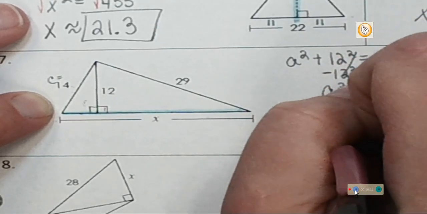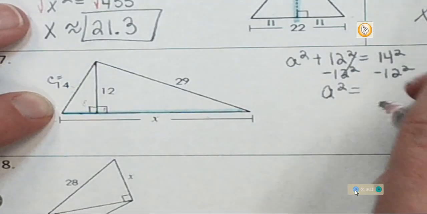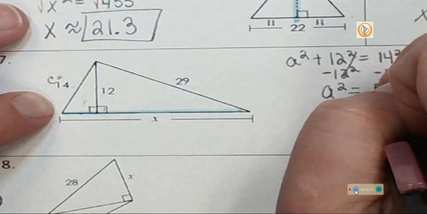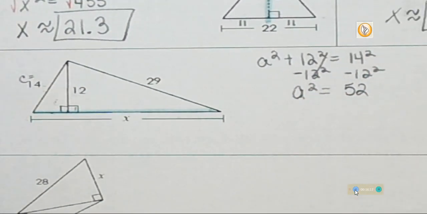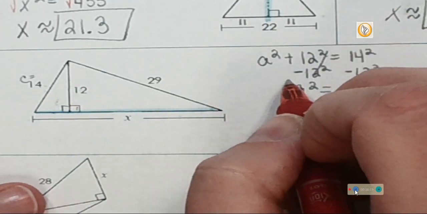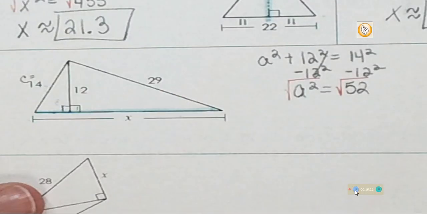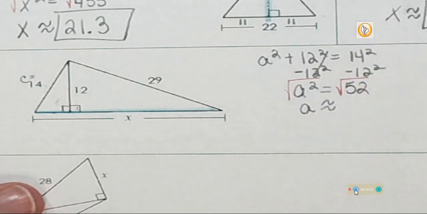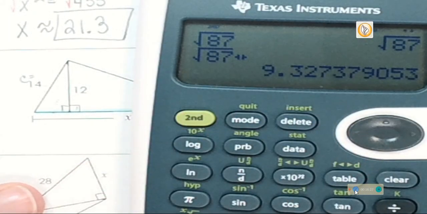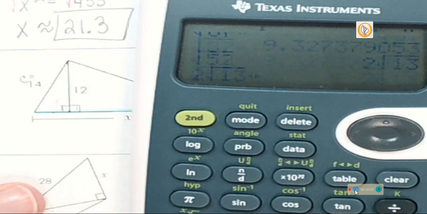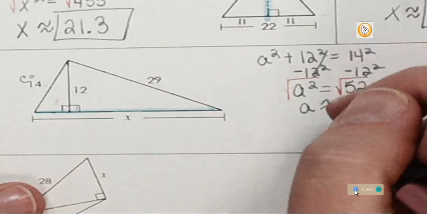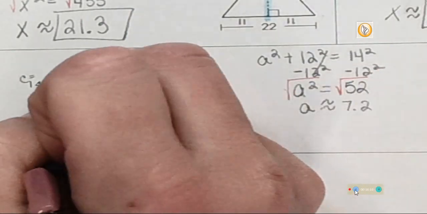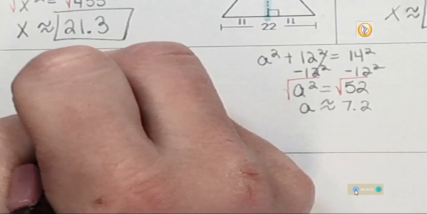A squared equals, I typed 14 squared minus 12 squared in my calculator, and I got 52. How do I unsquare that? I take the square root. And so A is approximately square root of 52 turned into a decimal is 7.2. So from here to here is 7.2.